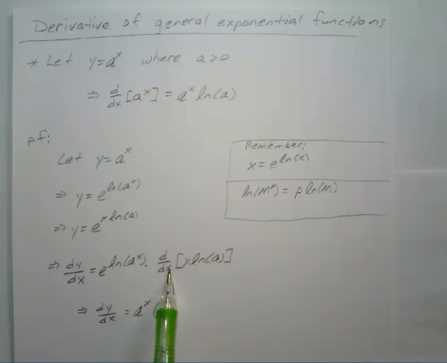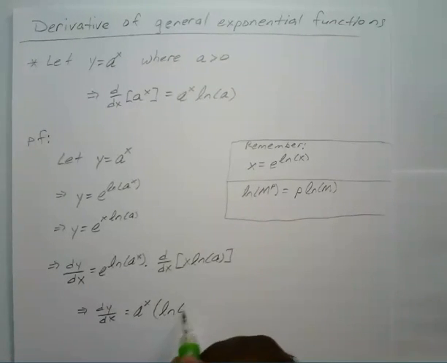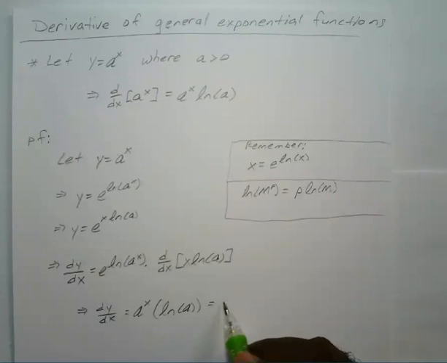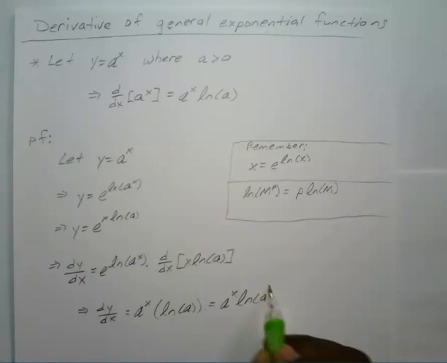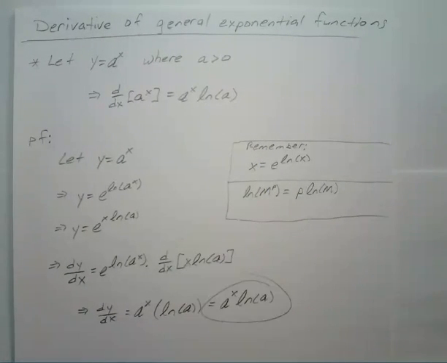You can factor the natural log of a out to the front, so you have the natural log of a times the derivative with respect to x of x, which is just 1. That leaves you with a to the power of x natural log of a, which is what we have up there.